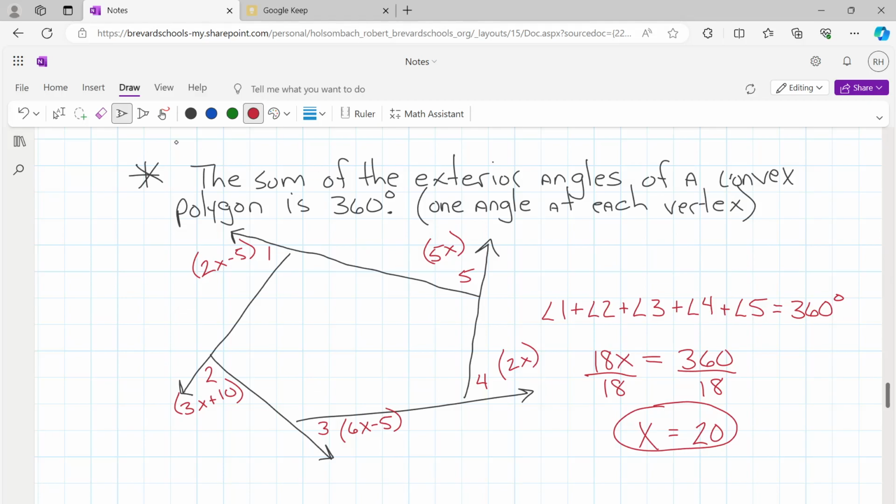All right, so again, it is simply the sum of the exterior angles, one angle at each vertex, is 360. All right, and then today you'll have to write some equations and solve for variables. So, anybody have any questions on either of those concepts?